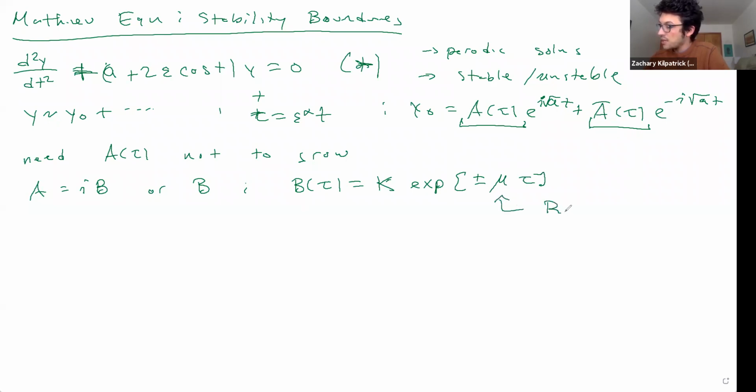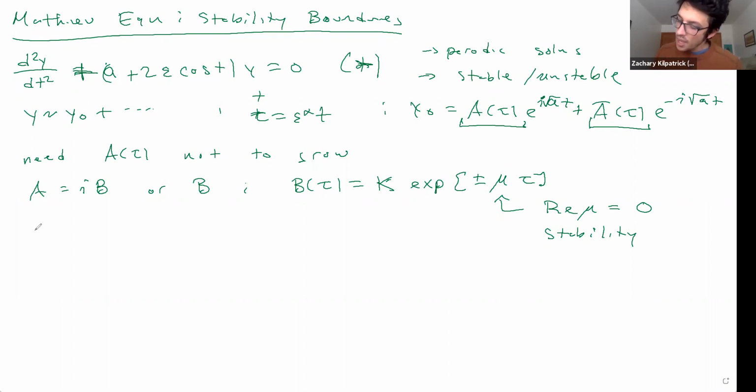And in particular, we need that the real part of mu needs to equal 0 for stability. If the real part of mu is either positive or negative, due to the reflection symmetry of the problem, we should expect to find that the amplitude is going to grow over time, okay? So in general, we want this to be pure imaginary or 0, for instance, so we just have a constant coefficient.